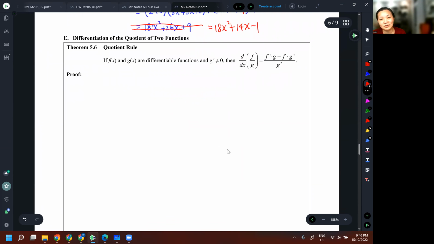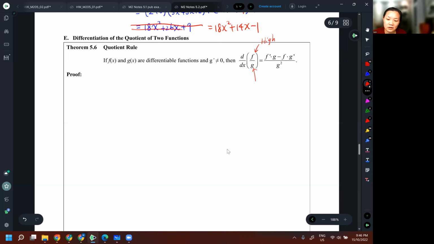The quotient of two functions. How to find the derivative. This is even worse. Now, to memorize this one, I think is just as hard as to memorize the quadratic formula because it's a fraction. Now this f, I call it high.